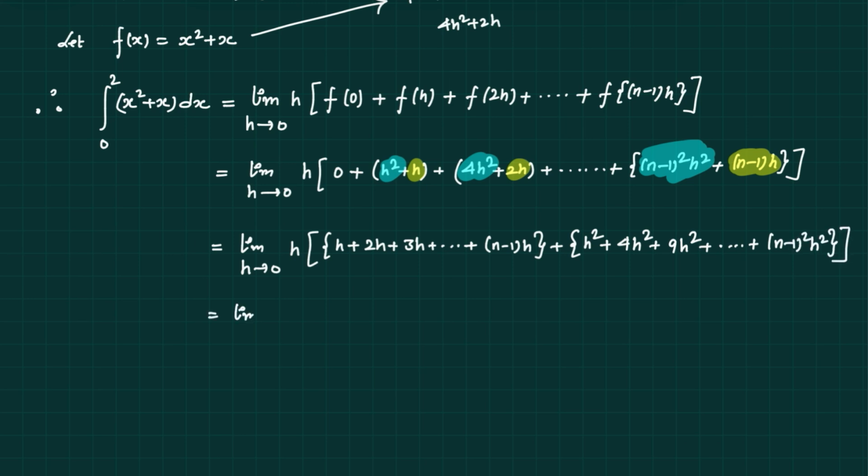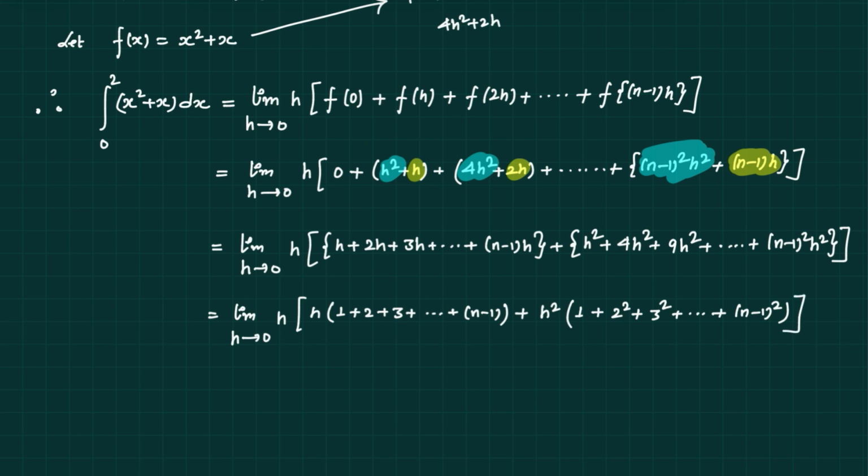Equals limit h tends to 0 of h, let us take out h common here, so here it will be h into 1 plus 2 plus 3 plus the last term n minus 1, and from this second curly bracket let us take out h square common, then inside it will be 1 square plus 2 square plus 3 square plus the last term n minus 1 square.